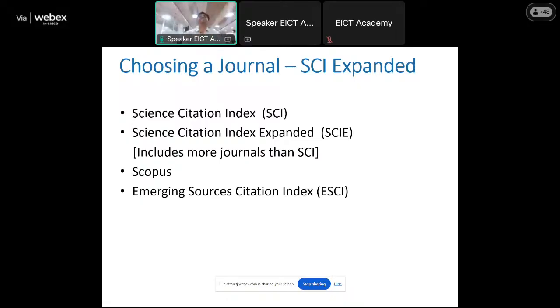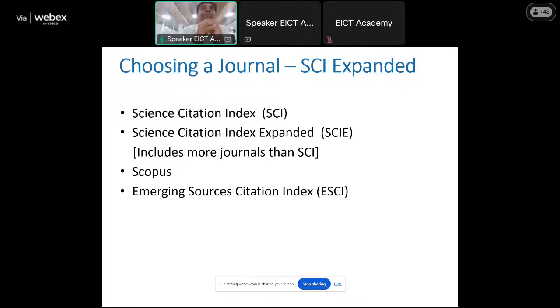You can consider ESCI a preliminary evaluation parameter, where you find that this journal can potentially be converted into the Scopus or SCI database, but there is no guarantee. That's why, according to me, you should avoid the ESCI category. Still, there is a potential, but no guarantee.